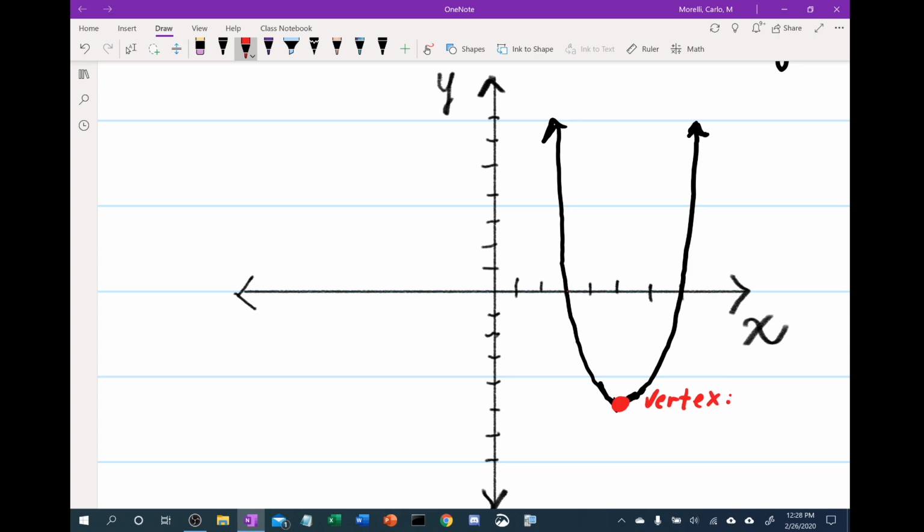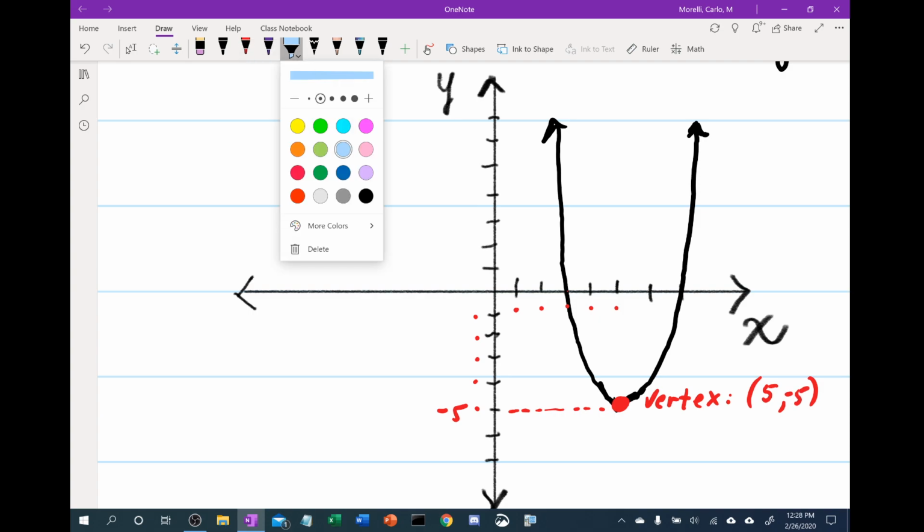I need to know what the x value is, and I need to know what the y value is. And the important value is the y value. So let's figure that out. The x value is 1, 2, 3, 4, 5. The y value is, let's see, 1, 2, 3, 4, 5, negative 5, right? So I'm down here at negative 5. 5 comma negative 5.